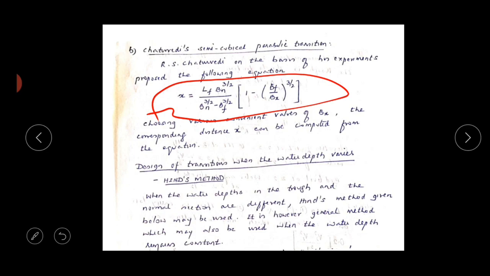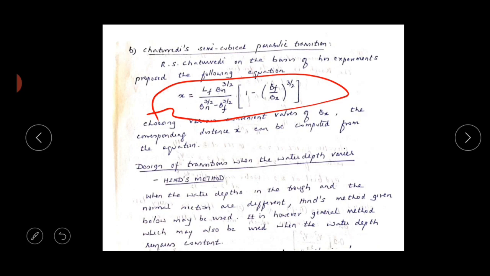This was given by continuous investigation and experimentation, and finally he proposed this equation, choosing convenient values of Bx, that is the transition base width, and the distance x can be computed from the equation. Okay, this is about the design of transition when the water depth is constant.